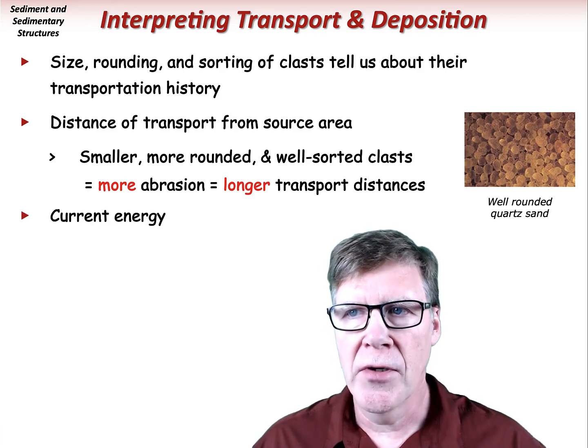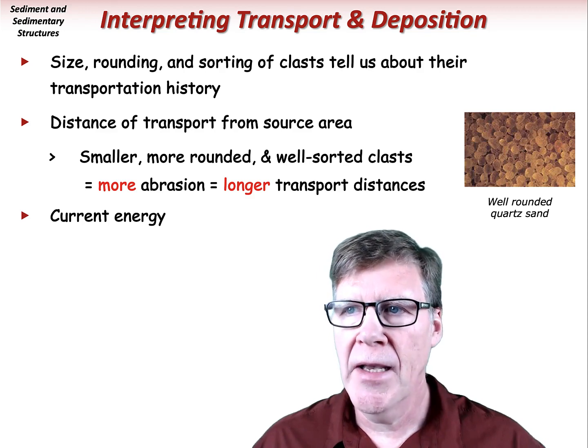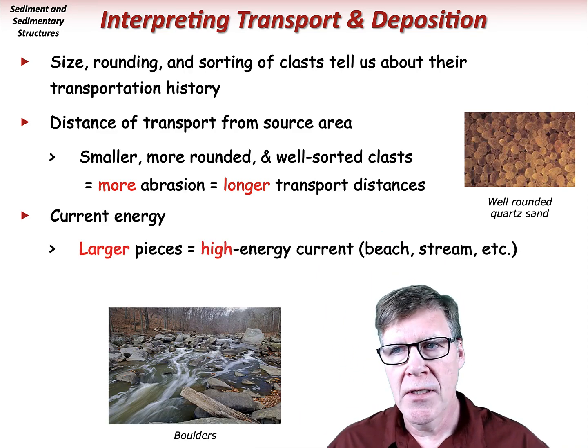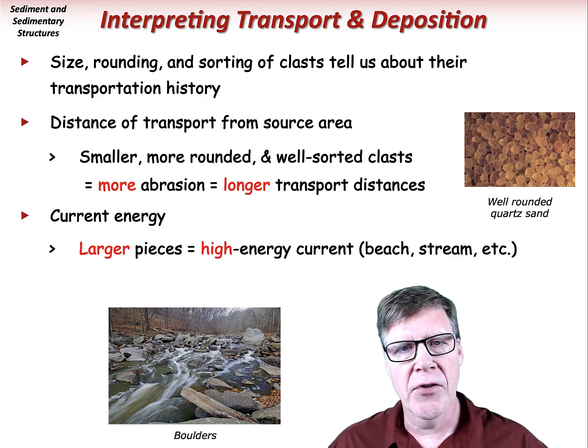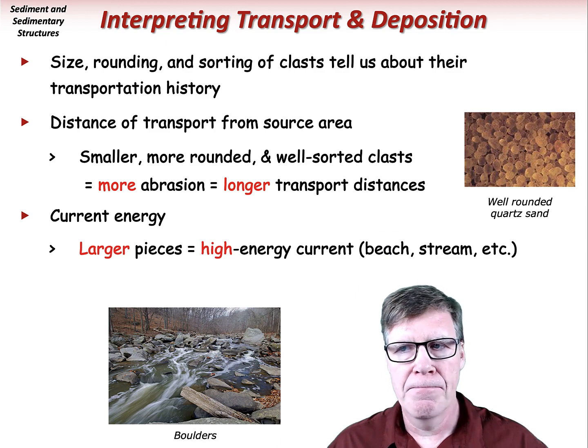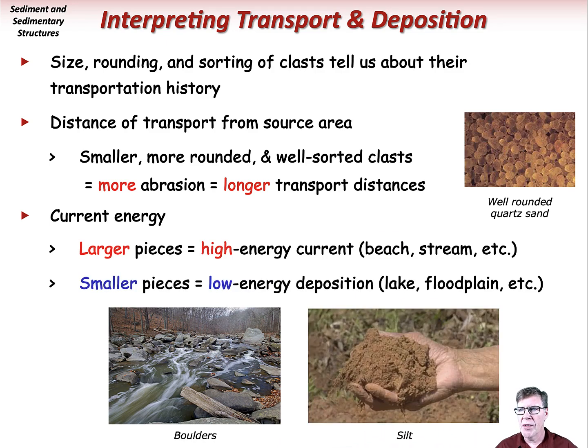Current energy during transport and deposition can also be estimated. Larger clasts, like boulders, require higher energy for transport, so may indicate a beach or stream channel environment. Smaller pieces require lower energy before they can be deposited, so they may indicate deposition in a lake or floodplain.